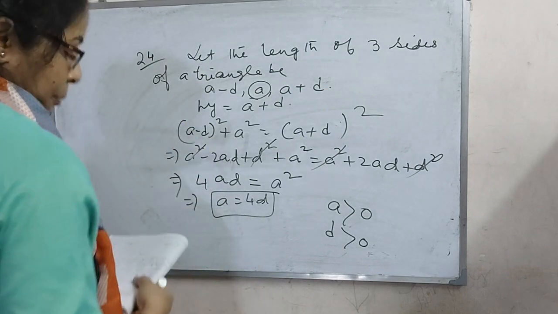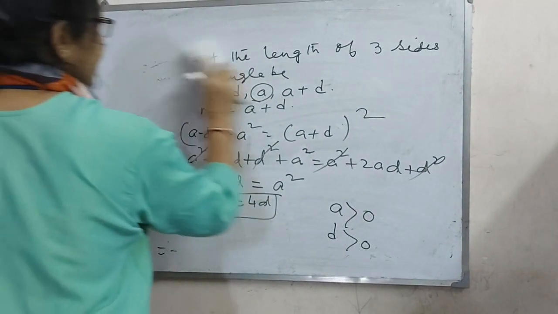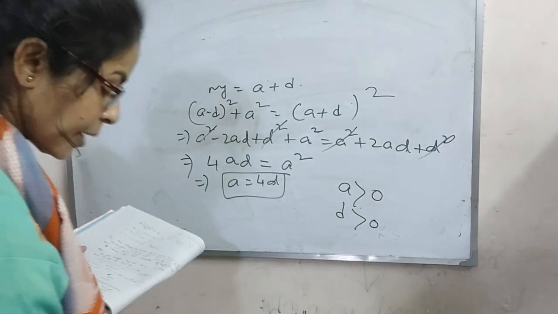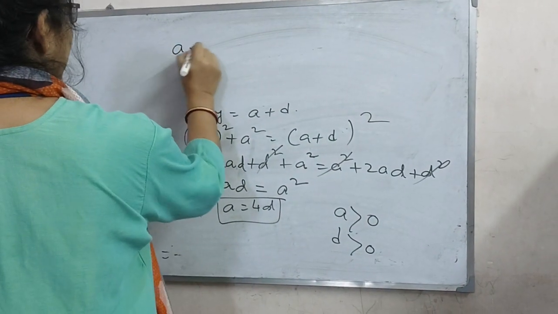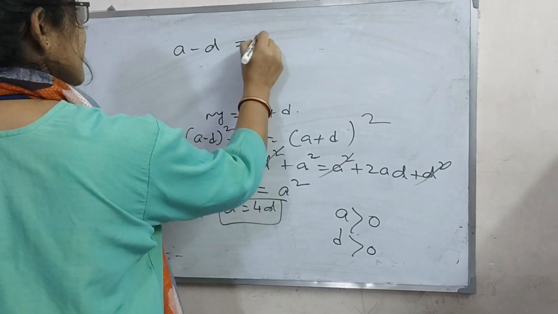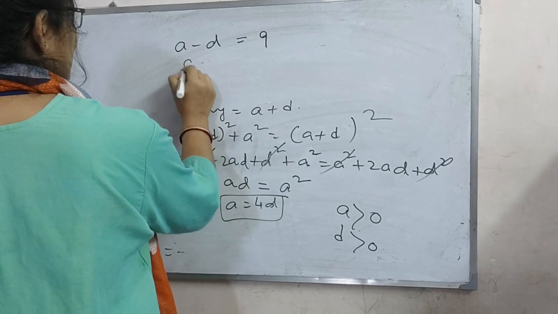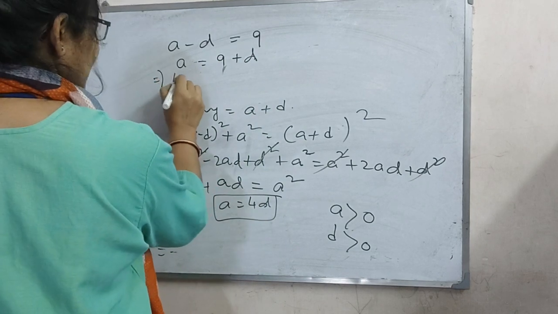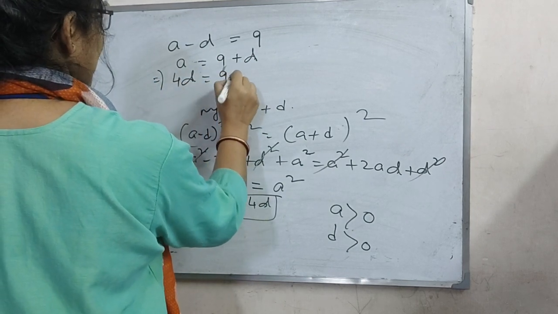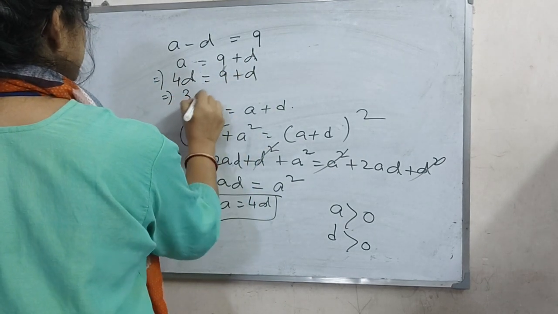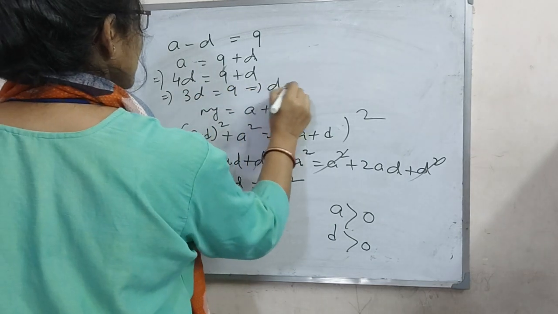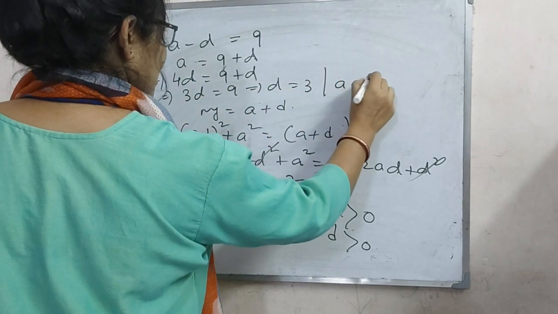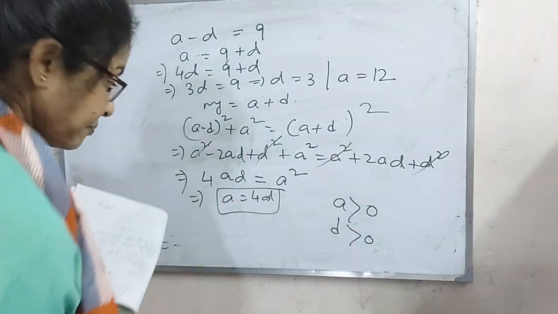Let the perpendicular be, most important thing is, if a minus d is the perpendicular, then a minus d equals 9. So a equals 9 plus d, and with a equal to 4d, that means 4d equals 9 plus d, 3d equals 9 and d equals 3 and a equals 12.